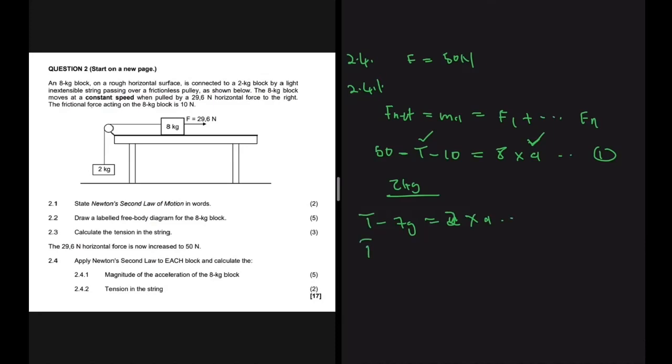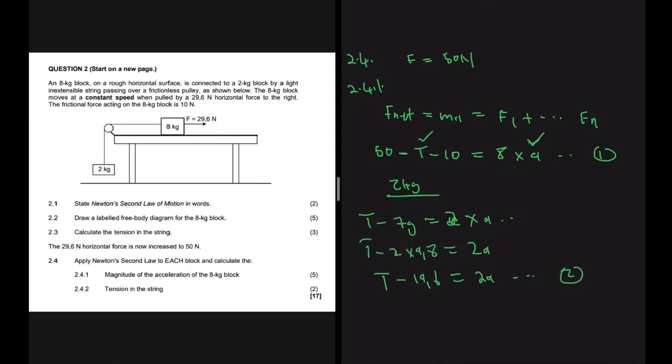And then our T minus Fg, where Fg is the mass multiplied by 9.8, right? So there we have it. This equals 2A. So we're going to have T minus 19.6 equals 2A. This is our equation 2.